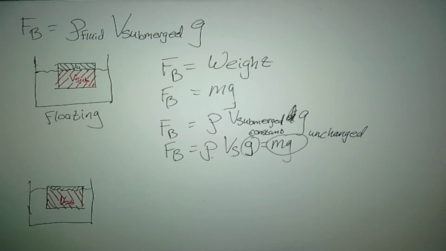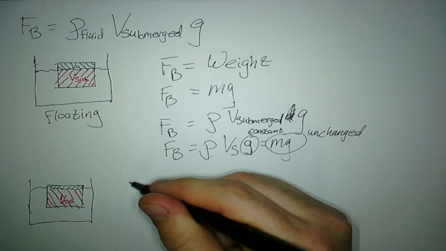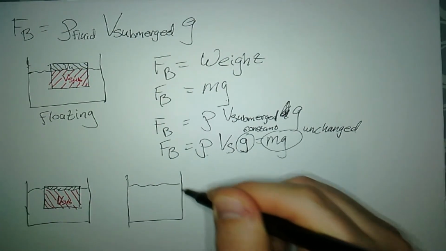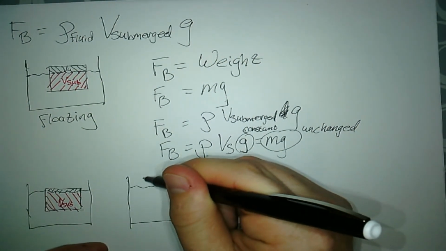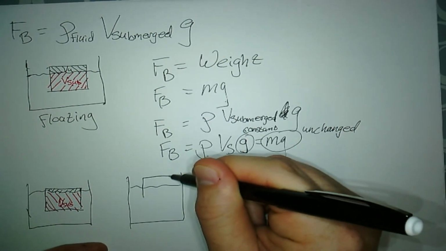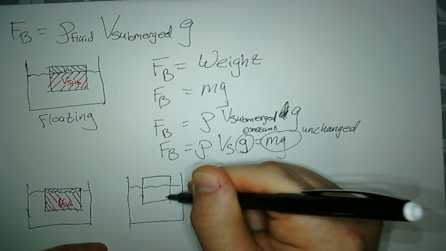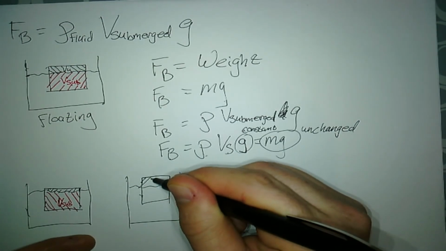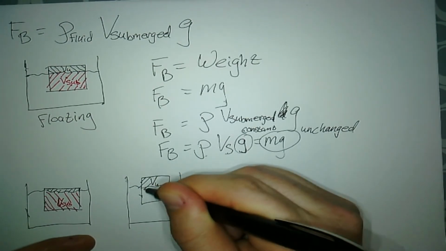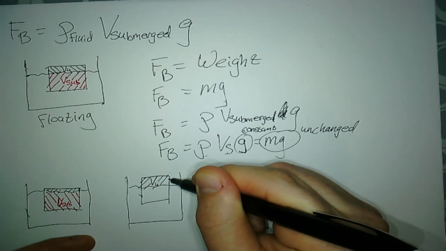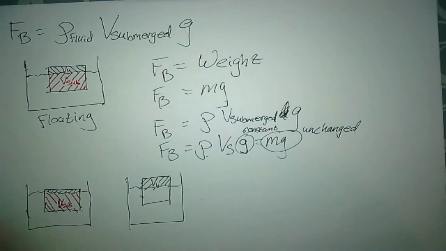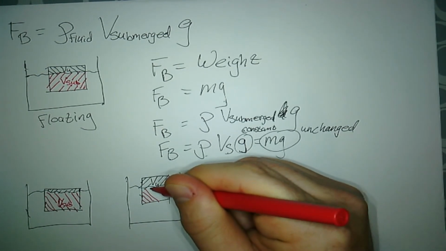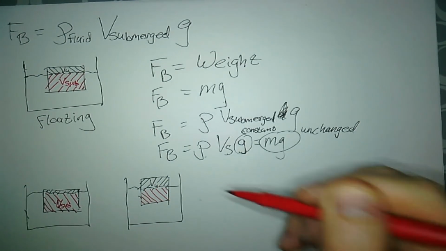Or you might have another one that looks like, okay, not to scale, but whatever. So then this one has less of its volume submerged and has more of its volume unsubmerged.